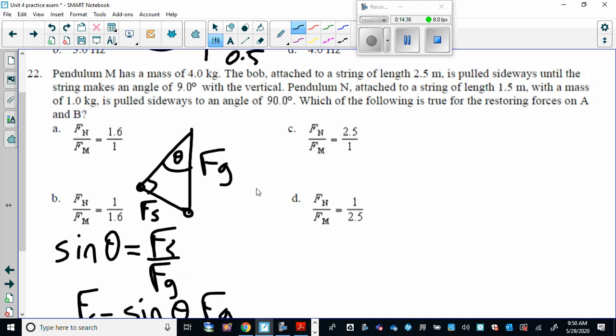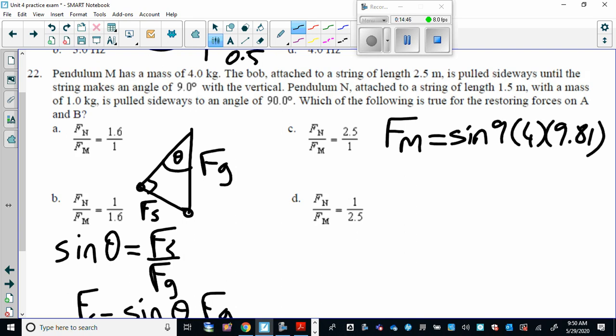Let's do it over here. Force for M is the sine of 9 times 4 times 9.81, which turns out to be 6.138.